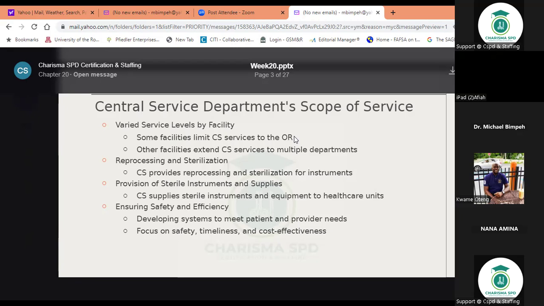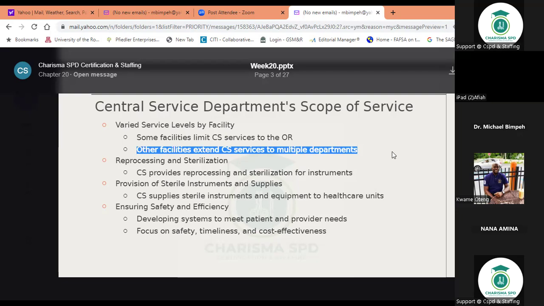So it's not every facility where everything is centralized. The goal is to centralize, which is the reason we have the word central service, but some of them are kind of decentralized, where central service focuses on the OR. Other facilities extend central service to multiple departments, as I've just explained. In recent times, this is the trend.